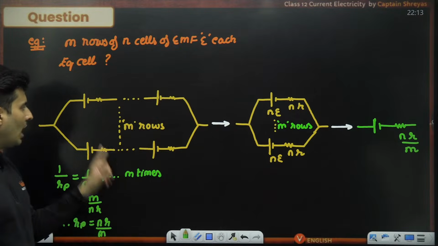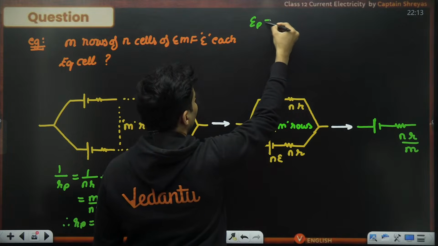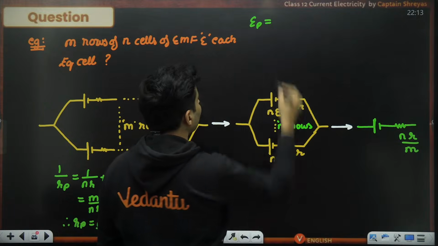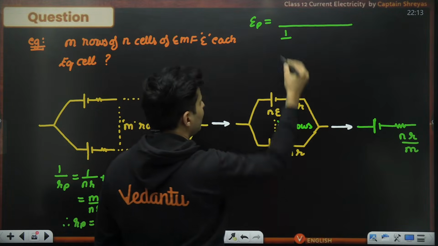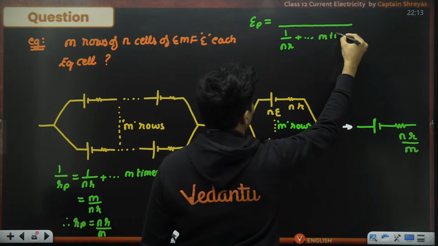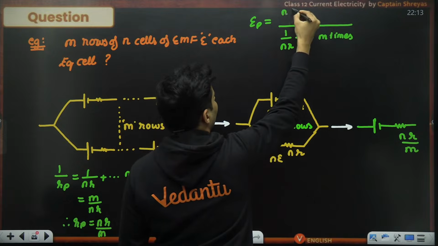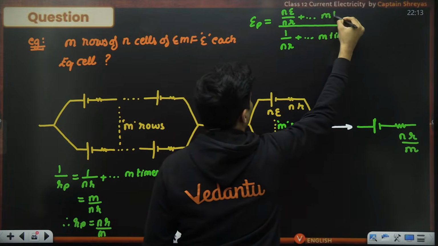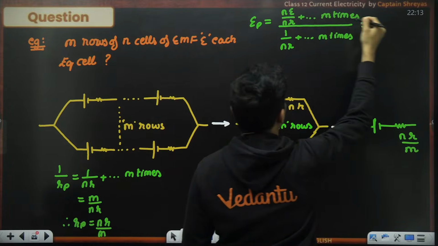Cool. How about the EMF? Let's use the formula. Ep will be, okay, we have a big thing over here. 1 by R1, R1 is nR. So 1 by R1 plus 1 by R2, like that, m number of times. E1 by R1 will be nE by nR, like that, also again, m number of times. So n cancels.